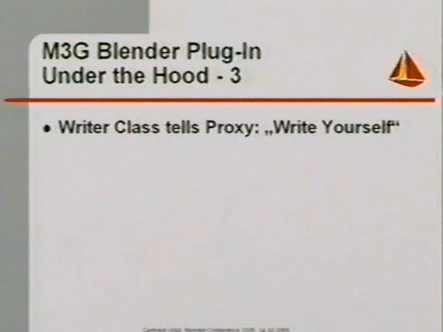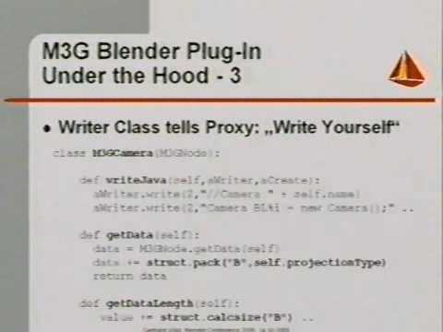And so every M3G proxy object has three methods. Write Java generates the Java code. Then get data generates the binary code. The binary thing is really hard, because if one byte is not correct, all is not correct.